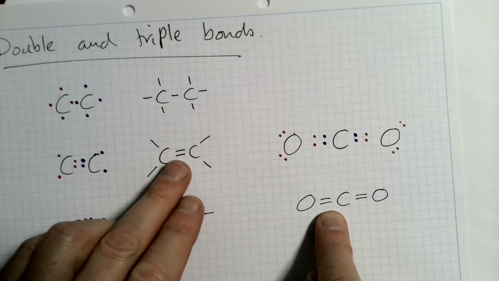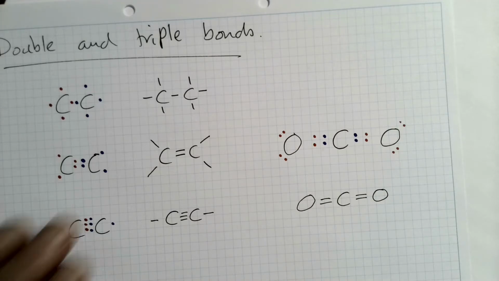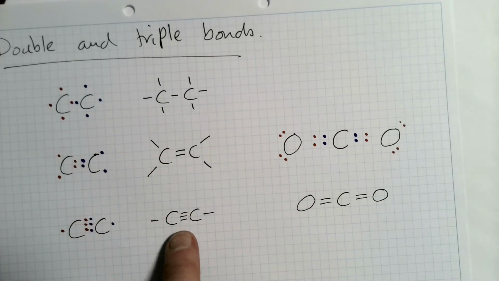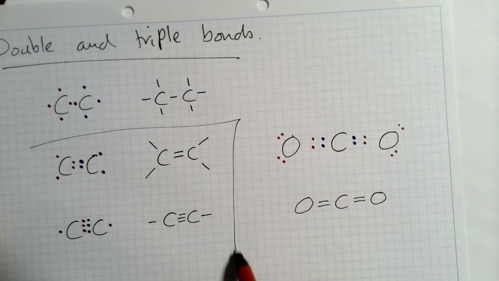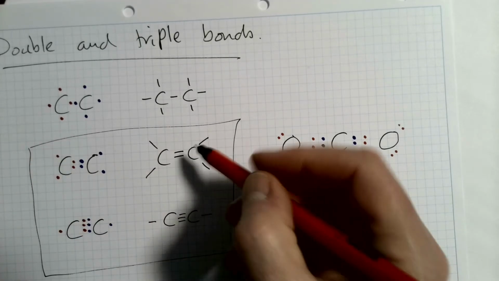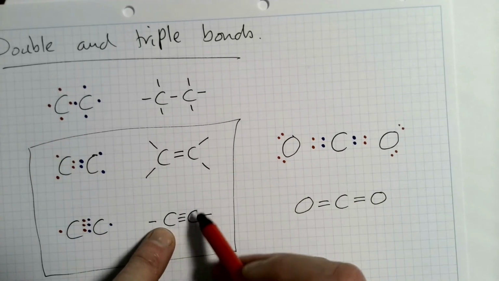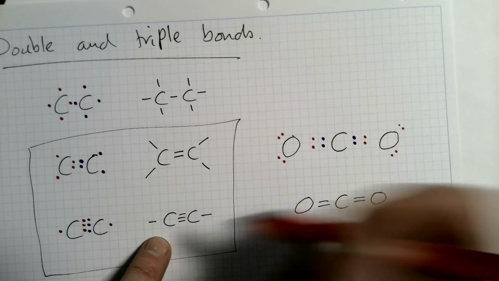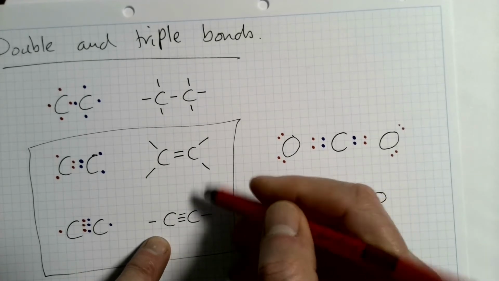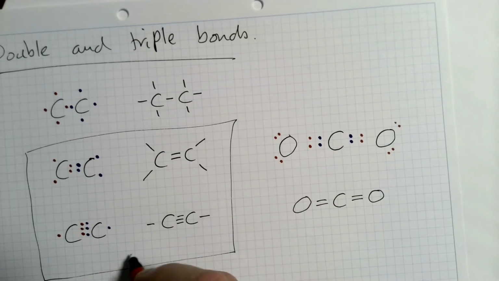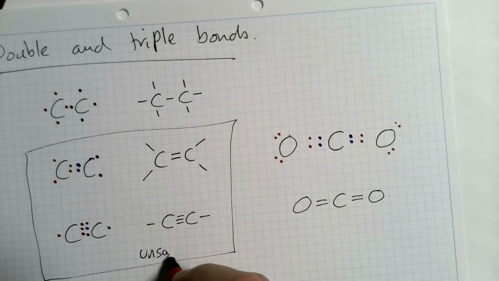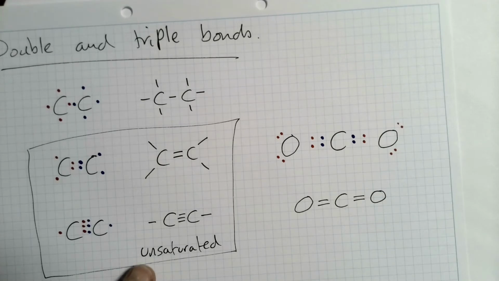So double bonds and triple bonds are also interesting because, if I get my pen, these guys here, we can break these bonds apart and get more atoms into these molecules, so we call these unsaturated molecules.